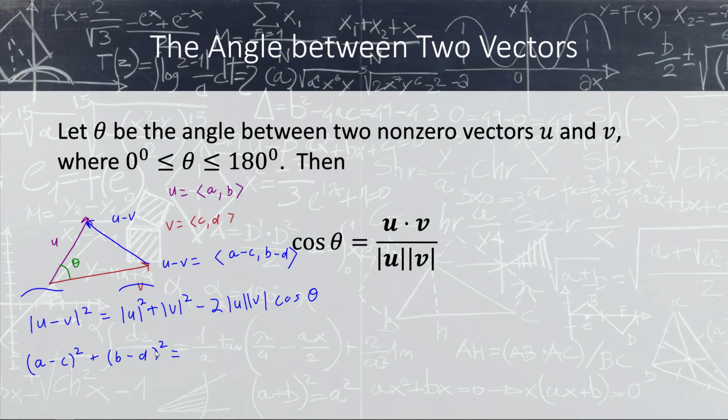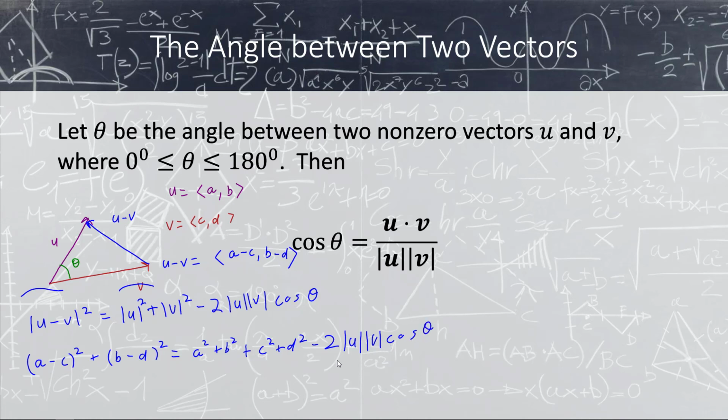Okay, that will be equal to, what's the magnitude of u squared? Well, that's going to be a squared plus b squared. And what is the magnitude squared of v? Well, that's going to be equal to c squared plus d squared. And then we're going to have minus 2, and I don't want to mess with these because I need to have them in my final expression. So we're going to have the magnitude of u times the magnitude of v times cosine of theta.